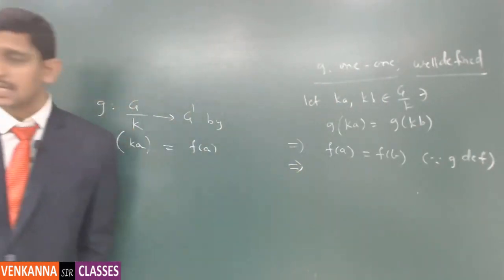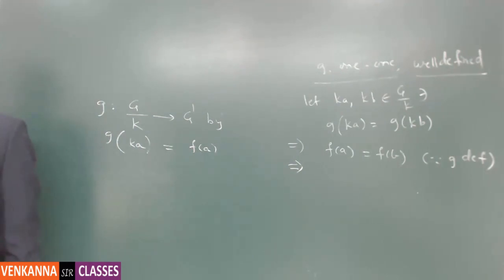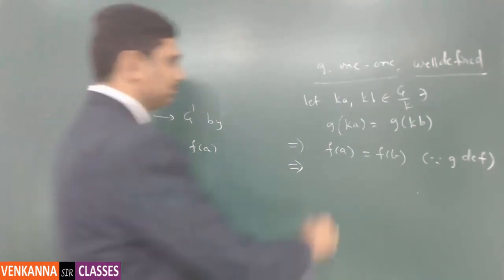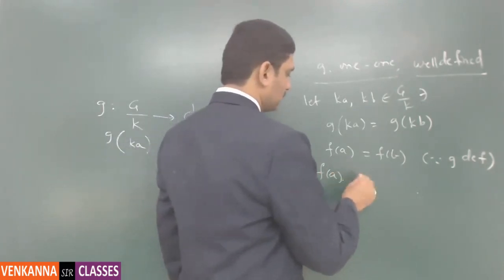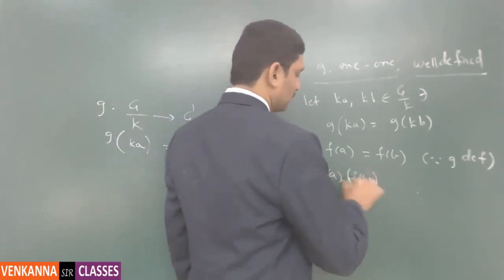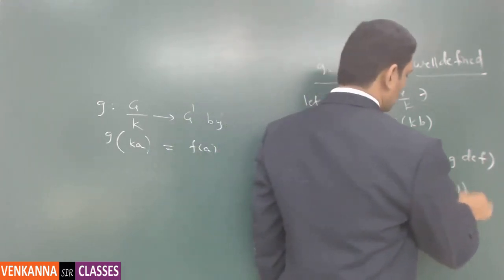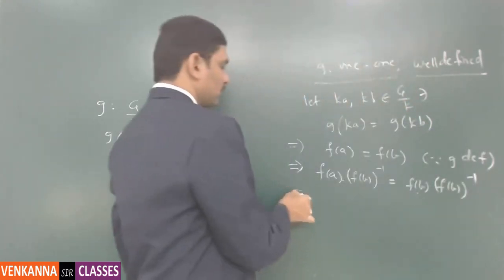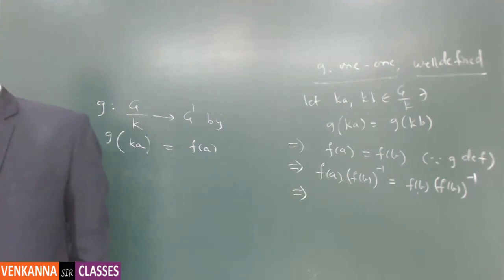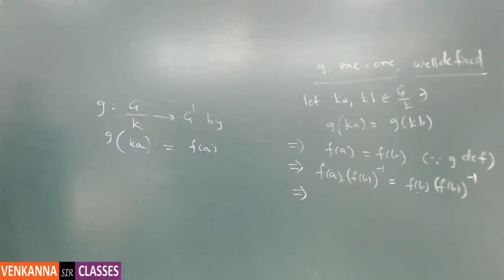Now for this relation, I am multiplying both sides by f of b inverse. Please understand, f is the given function in the problem, and g is the new function you are defining between the two groups, G by K and G dash.